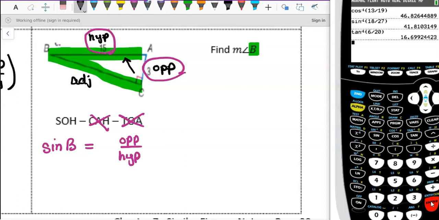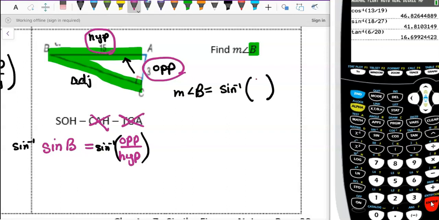Now, I want an angle, so I need to get rid of that sine. To do that, I take its inverse. So the measure of angle B equals the sine inverse of my fraction. Well, my fraction is 3 over 15.